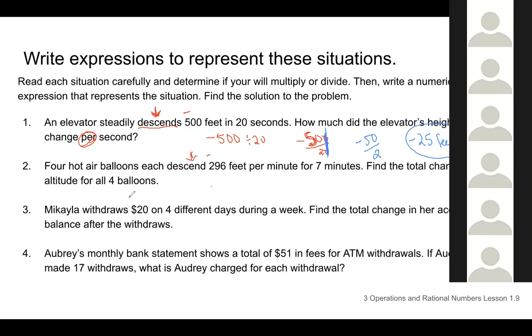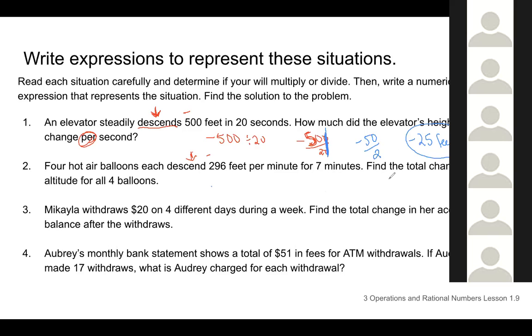Because when it descends, you have to do it for each balloon. Altitude for 4 balloons. This is a tough one. I can't just say it without having backup for it.